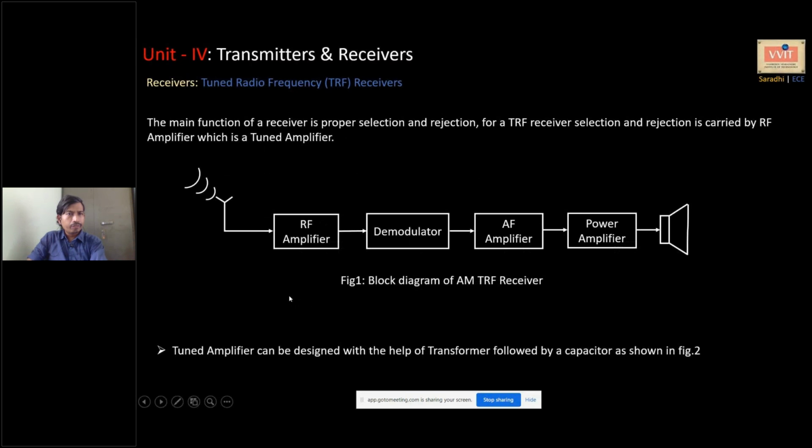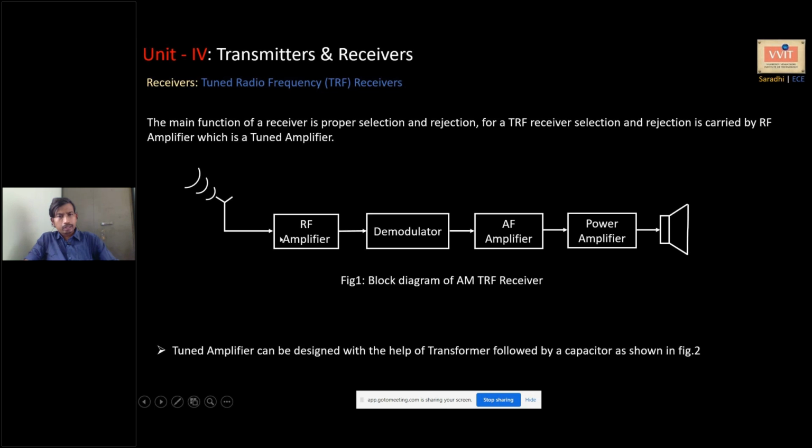Let's start with the tuned radio frequency receiver. It is the receiver side, so this is the receiving antenna. We have this RF amplifier. The RF amplifier is solely responsible for selecting the channel. There are many channels, many message signals available in space. The RF amplifier will tune your antenna, which is acting as a band pass filter, to one particular channel or one particular message, right?